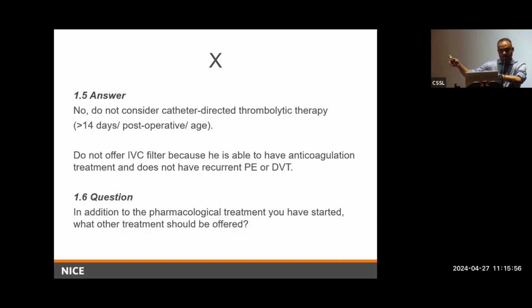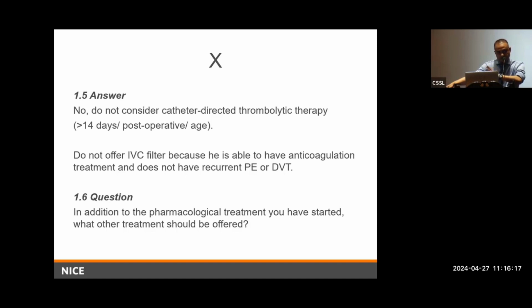Thrombolytic is the one that lyses the existing clot. So starting from streptokinase to urokinase to tenecteplase to tissue plasminogen activator, those are the ones which will actually lyse the clot. But catheter-directed thrombolysis is not something that you routinely do for DVT.